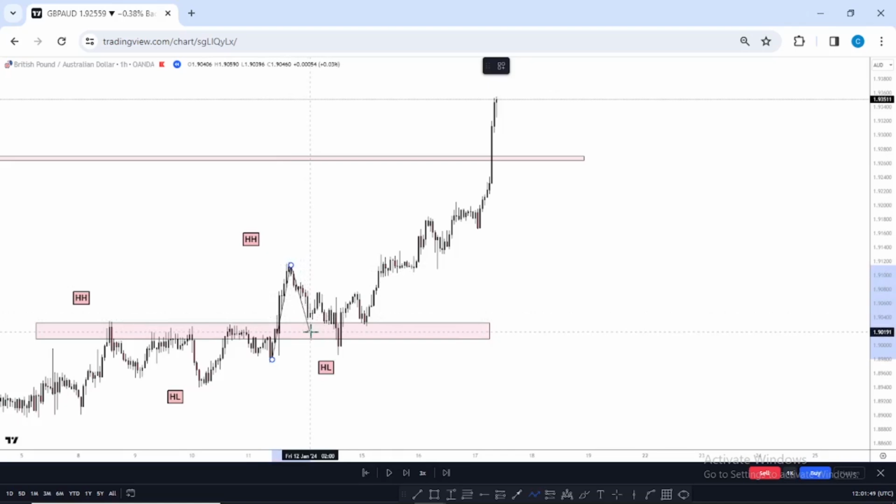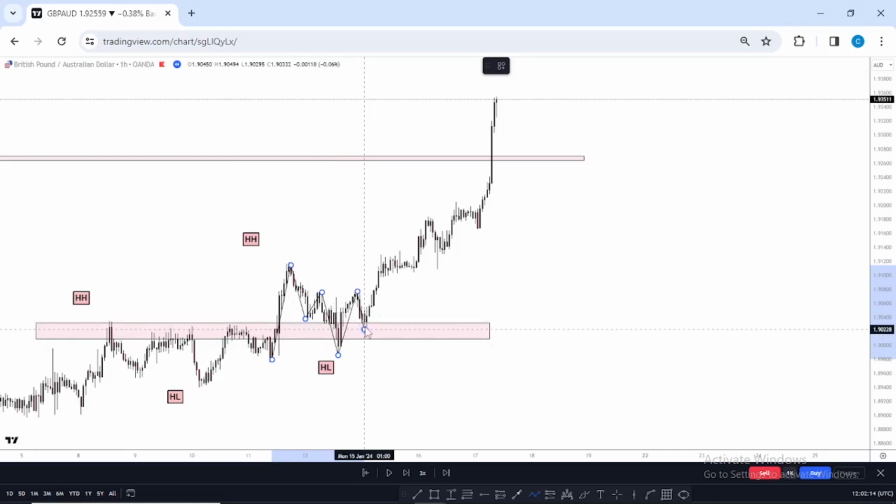We needed price to come back into that level, then look for our entries. So when price came here, it went back up, broke below our resistance level. That's not what we are looking for. We want price to tap into our resistance level, right? Give us a confirmation, then we look for our buys. But then price broke below it, came back up, tapped in.